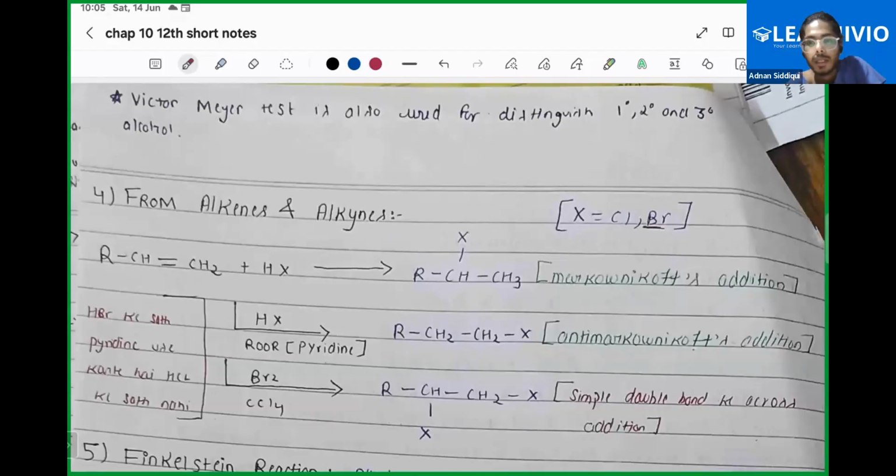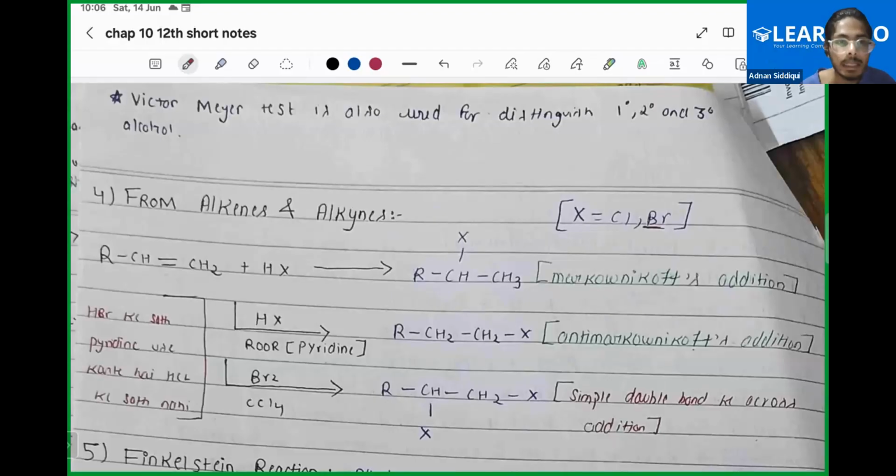Markovnikov's rule says that where there is less number of hydrogen, there the halogen goes. Very good. So anti-Markovnikov is going to be the opposite case, right? Try to understand it.